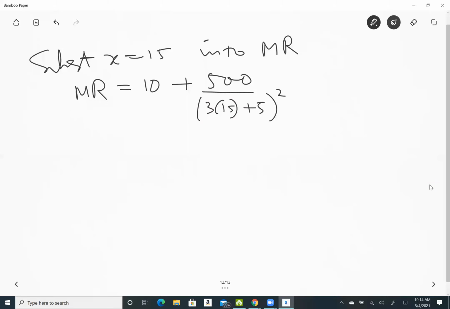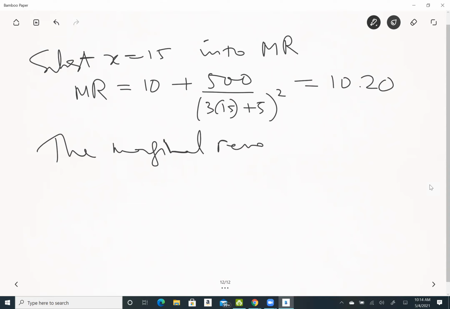So you simplify, and if you look at the book, we will see we get the value 10.2. So we can say that the marginal revenue at x equal to 15 is 10.2.